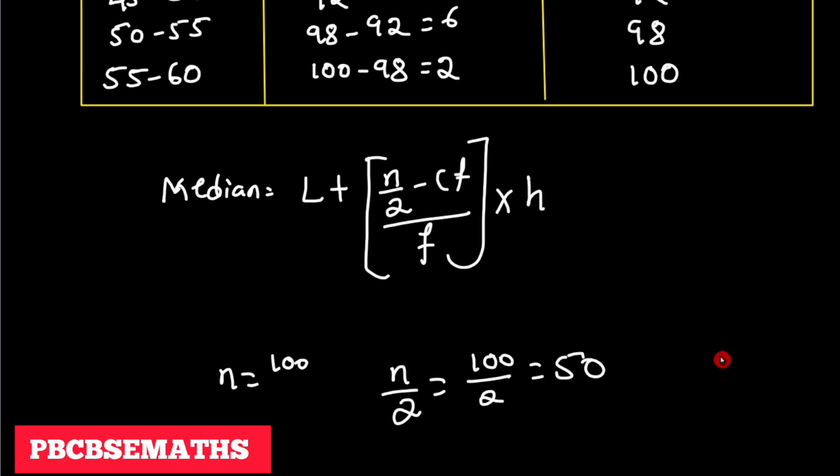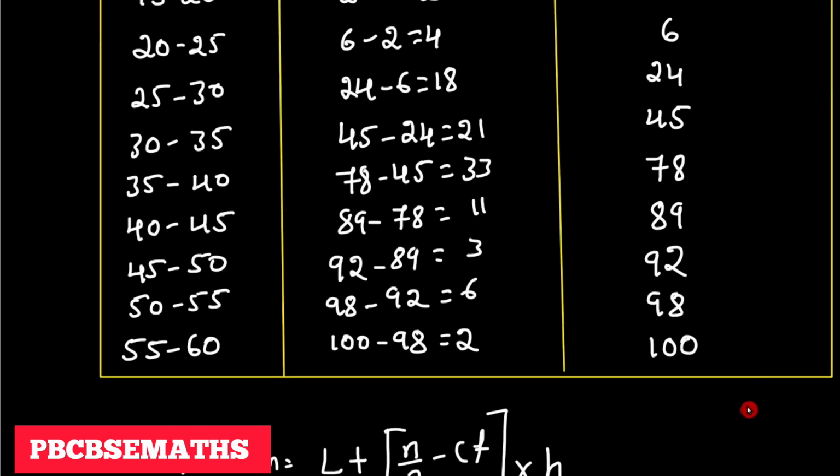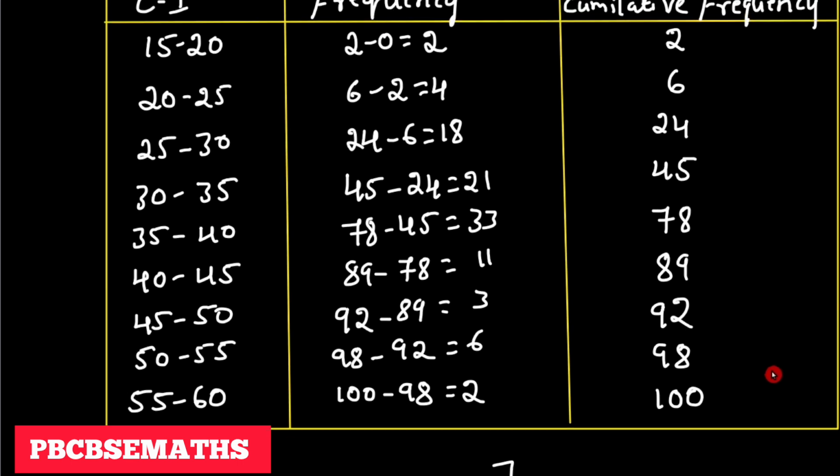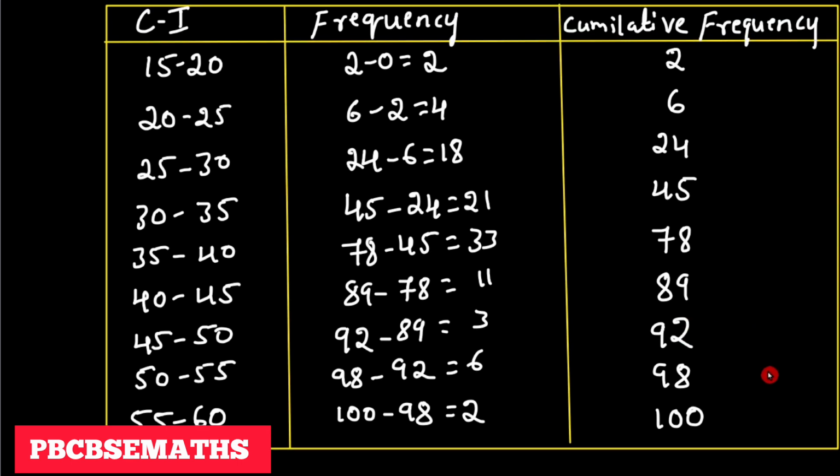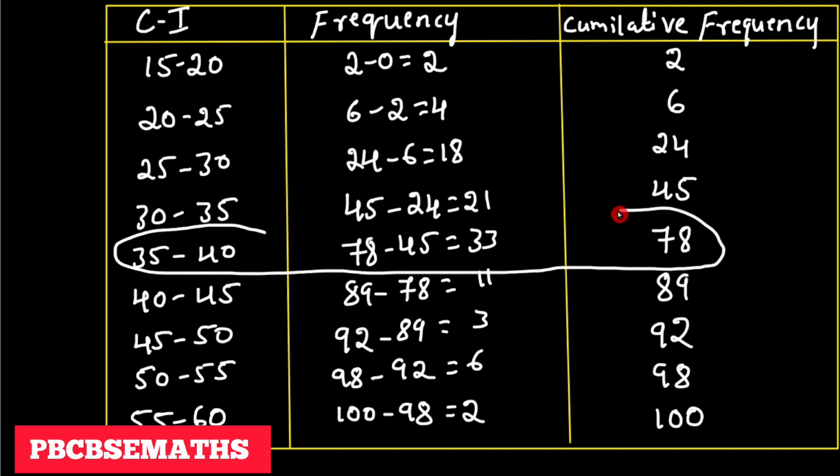So we need to find out where that 50th observation falls in this given frequency distribution table. Here you can clearly see that the 50th observation will fall in this category. So this will become our median class.